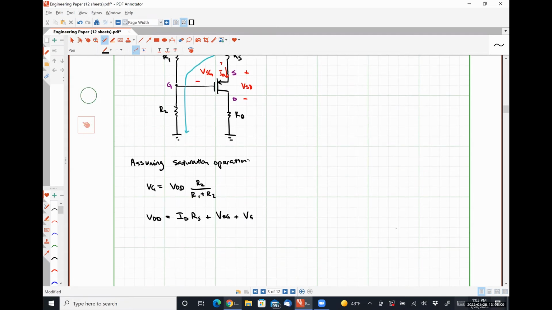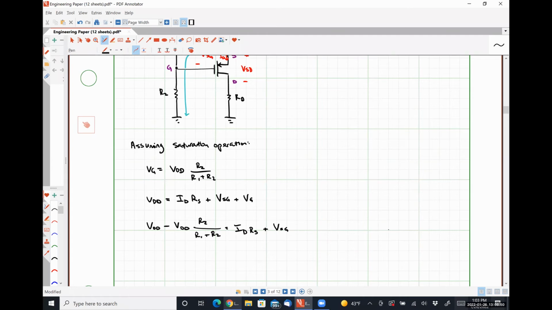I'm going to do a little bit of mathematical manipulation here. So I can say that VDD minus VG, where VG is VDD R2 over R1 plus R2, is equal to ID times RS plus VSG.